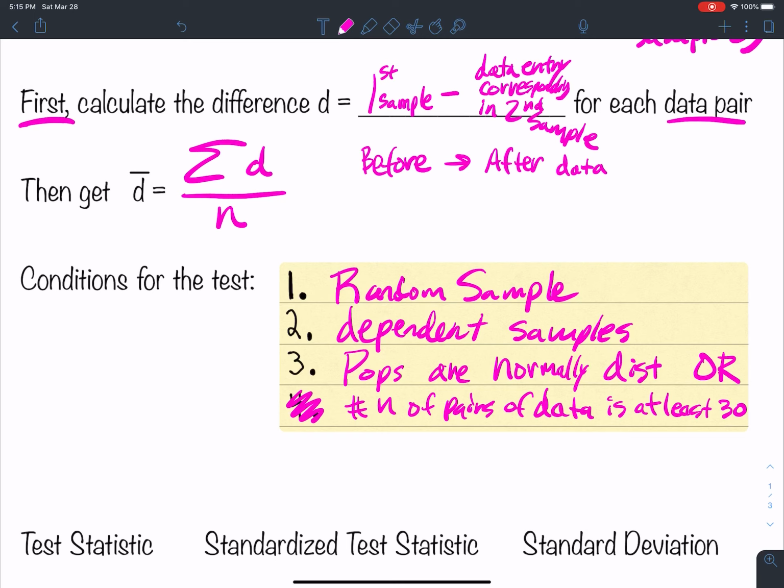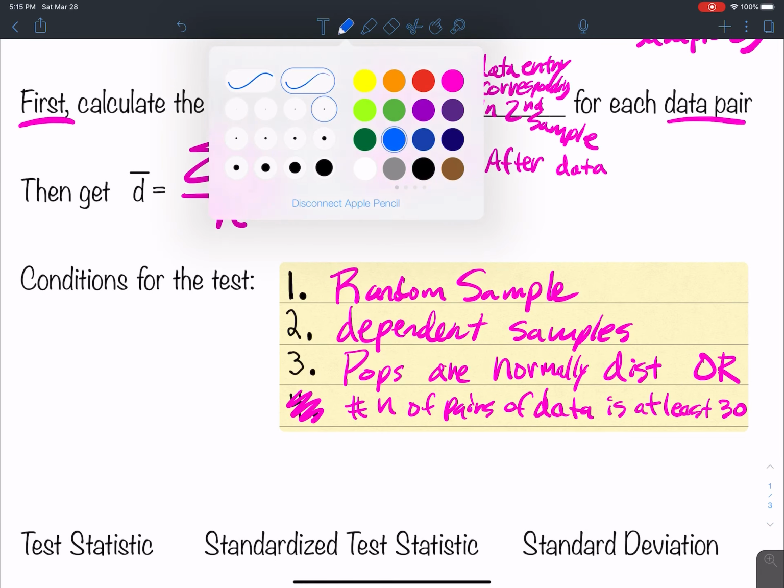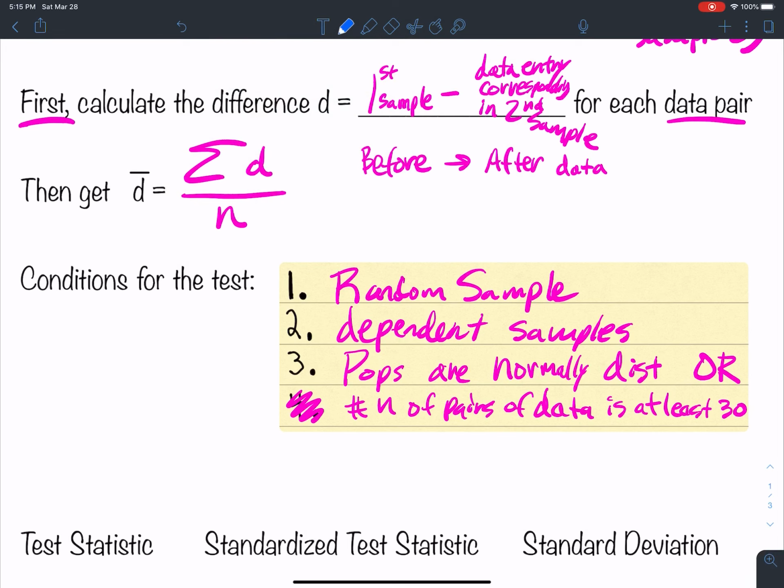Say I had some sample like Bob, Sue, Sally. That would be N1 equal to 3. But then this is before the diet, and then after the diet I measure Bob, Sue, Sally.